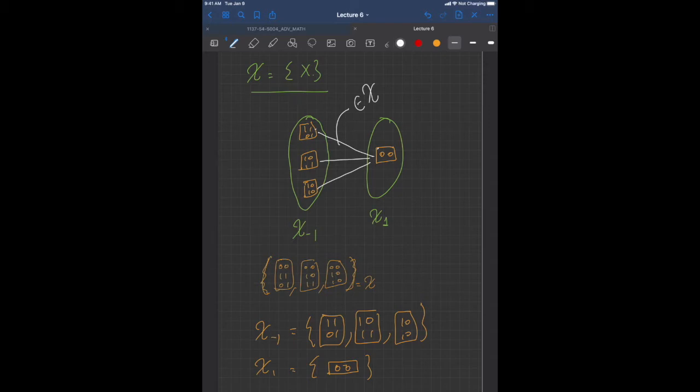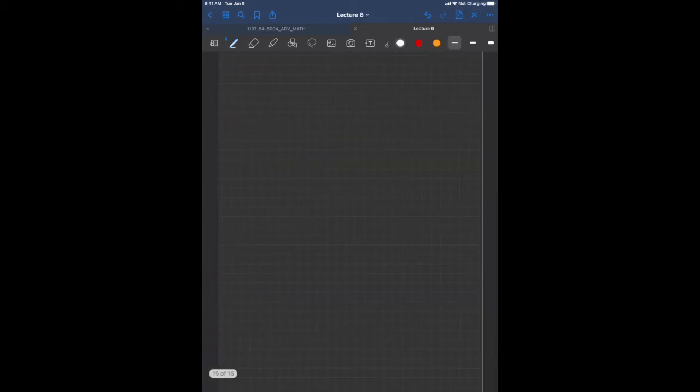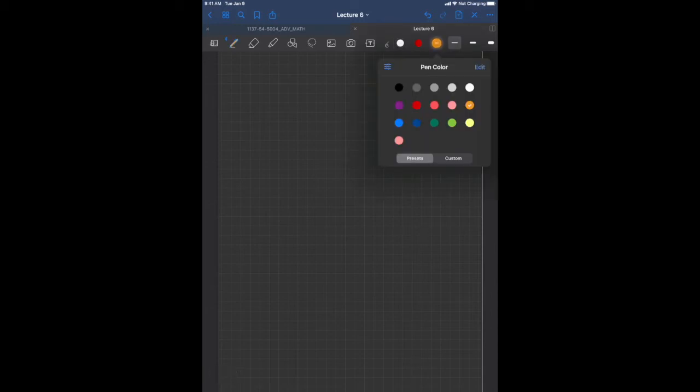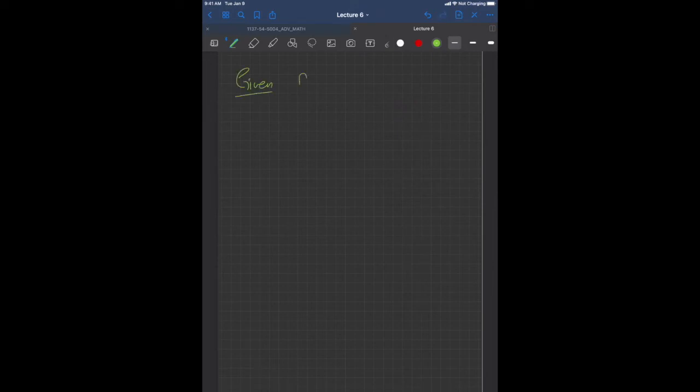Okay, so here I did it for X minus 1 and X1. In general, let's define this graph. Given this subset of matrices, these are m by n matrices, we can define Gi, the ith graph, which tells us how much information is there in the ith row.